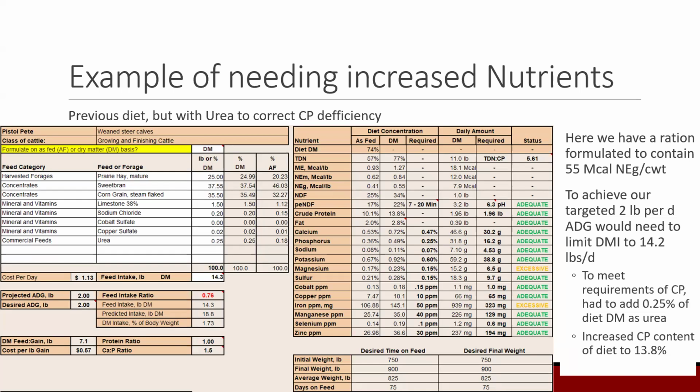Does that make sense? Compared to the ad libitum that we first looked at, which met that 1.96 pounds per day of crude protein requirement with 10%. So as we restrict intake, the concentrations of other nutrients need to be increased. Does that make sense?